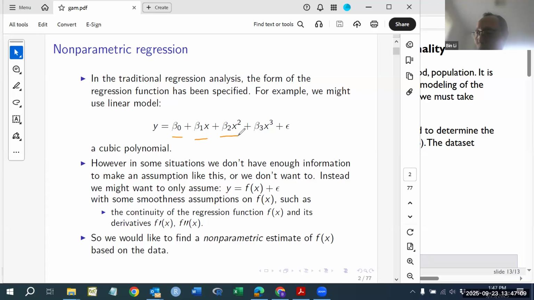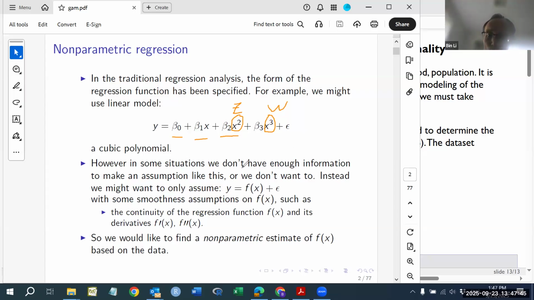What about the second term? It's a quadratic term. But you can consider x squared as a new variable called z, and x cubed as w. Then it's a multiple linear regression. You see that? So we can still consider the polynomial regression as a linear model.